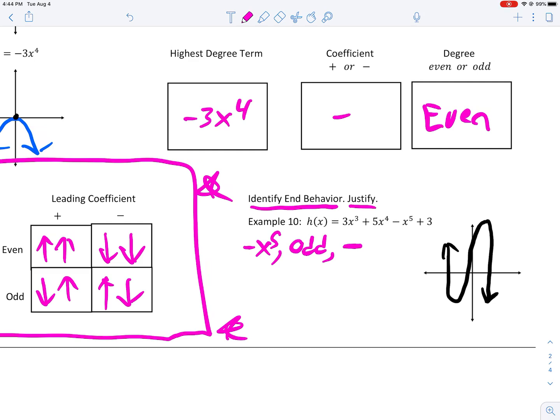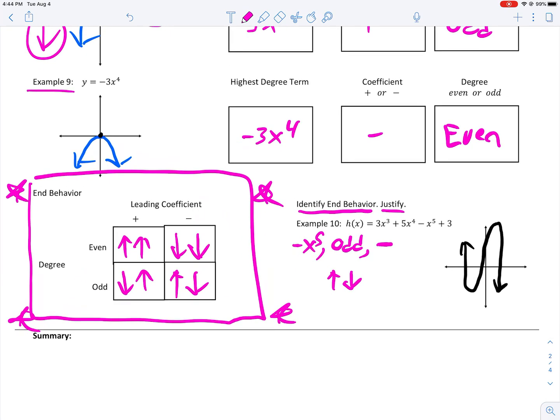It's odd because it's to the 5th degree, and it's a negative coefficient. So odd and negative means the end behavior would be high to low, which is what it is. So this is your justification. Again, it comes back to just using that little box there. I'm going to use that rectangle a lot, I'm going to reference that over and over and over, rectangle, square, whatever you want to call it.